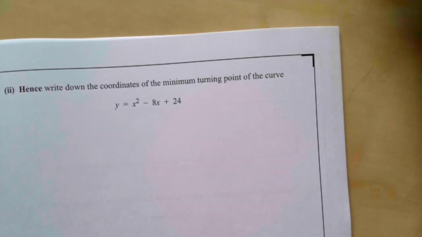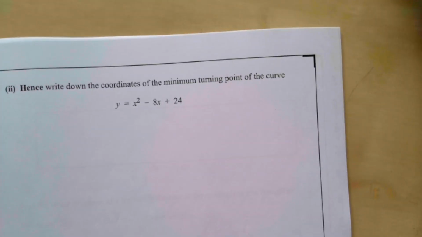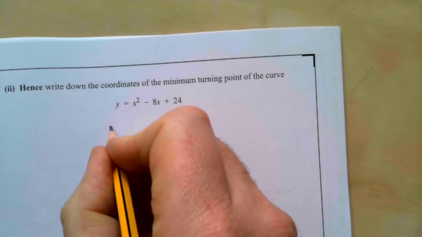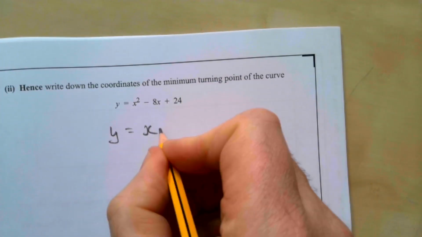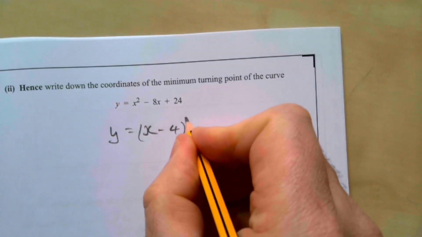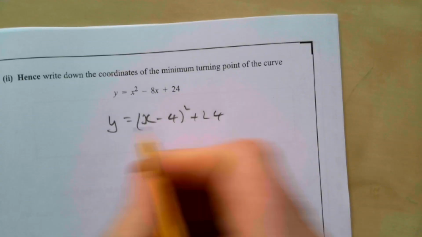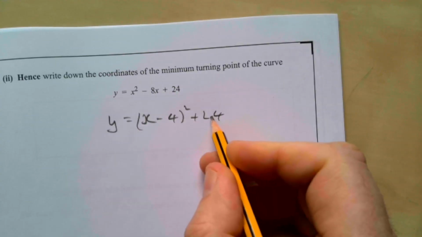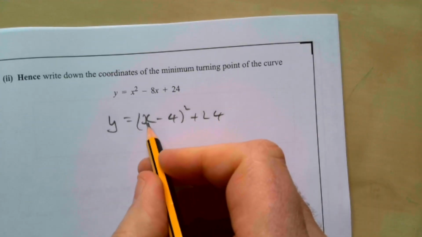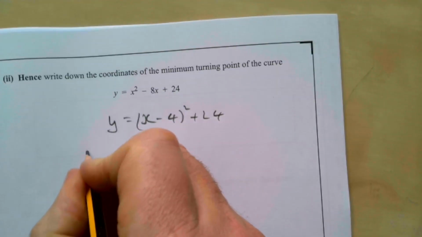Hence, write down the coordinates of the minimum turning point of the curve x squared minus 8x plus 24. So I can write that then as y equals x minus 4 all squared plus 24. So the lowest this can go is 24, and that happens whenever x is 4.